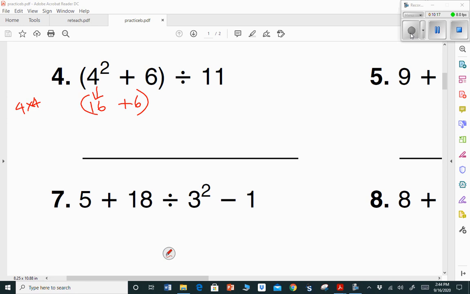Plus 6, we can't get rid of the parentheses yet because we didn't do everything in there. 16 plus 6 is 22, and 22 divided by 11 is 2.